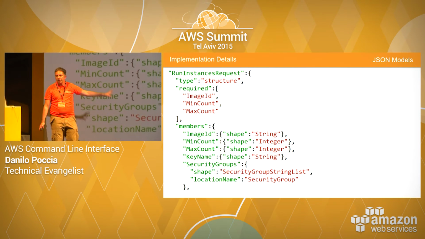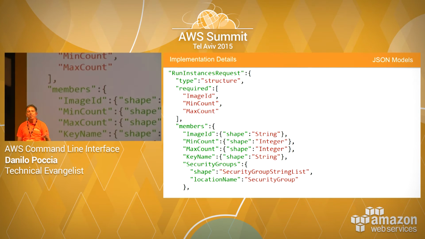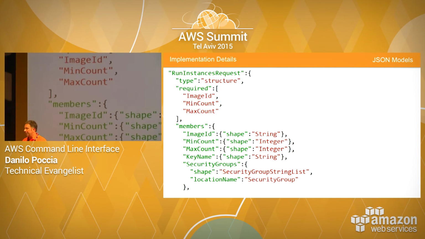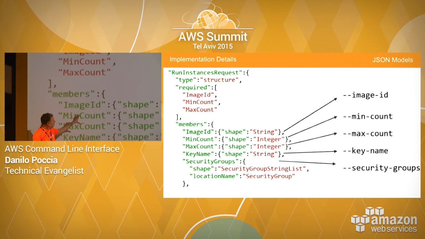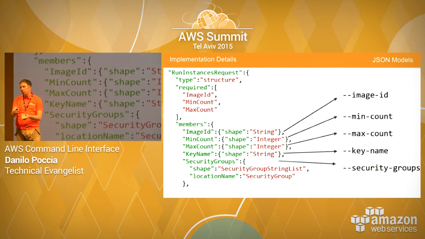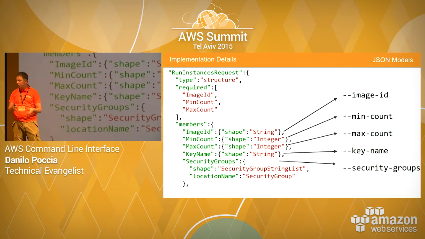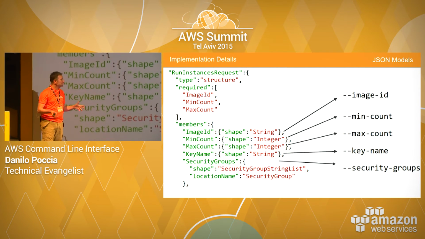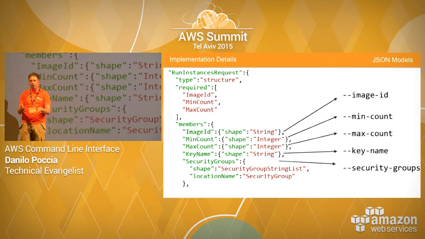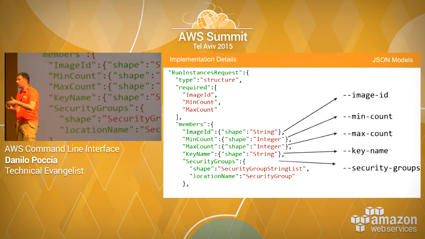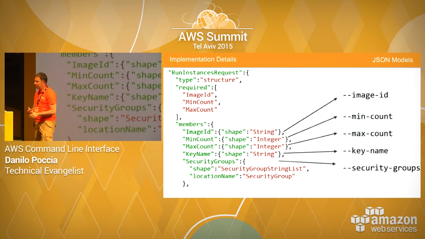And if you look inside this very easy to read JSON, you will find that there are exactly all the options that you have to pass through the command line. So the image ID, so the AMI that you want to use, the minimum and maximum number of instances that you want to start, the key for the login, the key pair, the security group that you want to put around this instance.